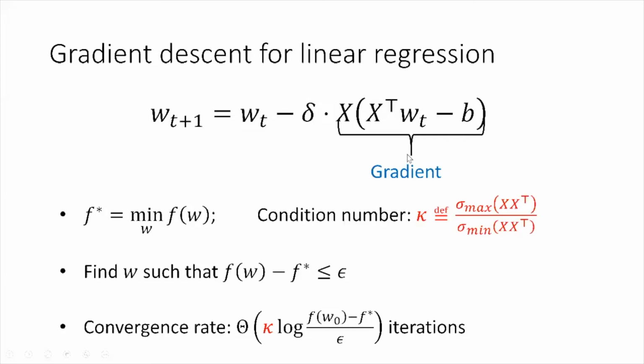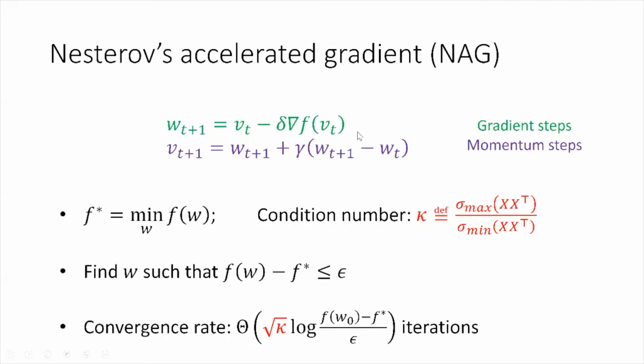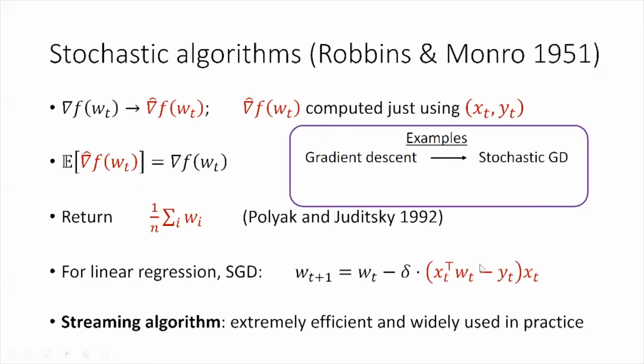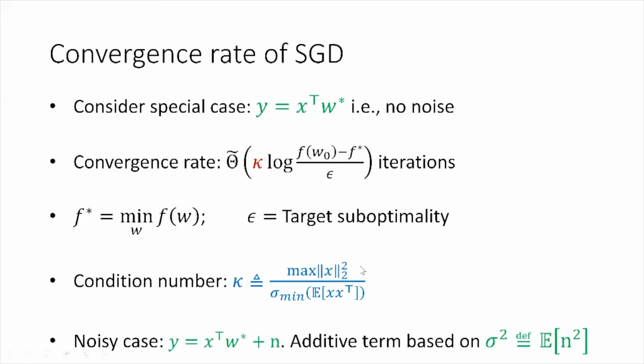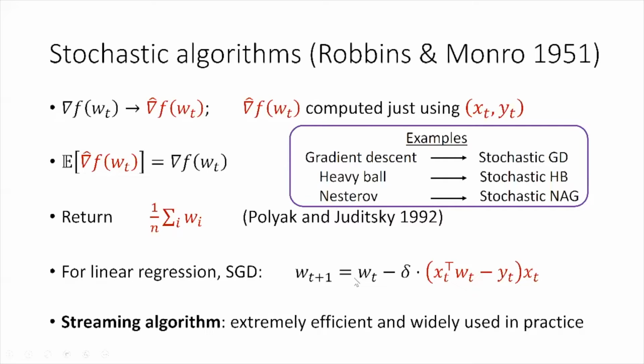Here it's the maximum singular value of this XX transpose that was appearing. In this case, if you look at the term that's multiplying WT, it's actually XT XT transpose. The norm of this rank 1 matrix is nothing but the norm of X square. That's the reason you'll be forced to choose a step size which is small compared to the norm of XT square.